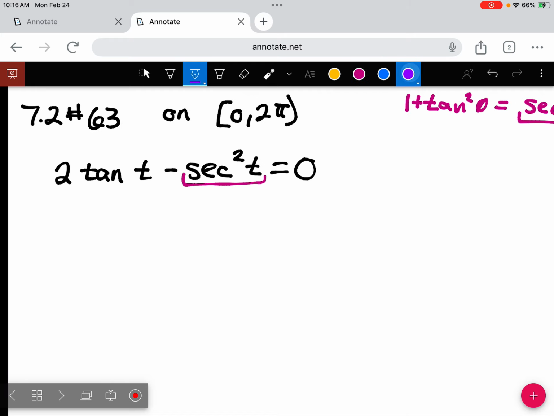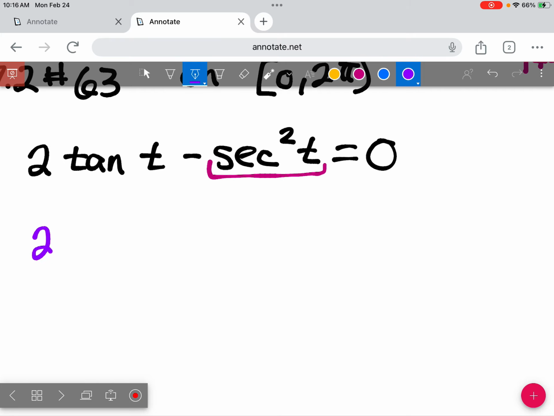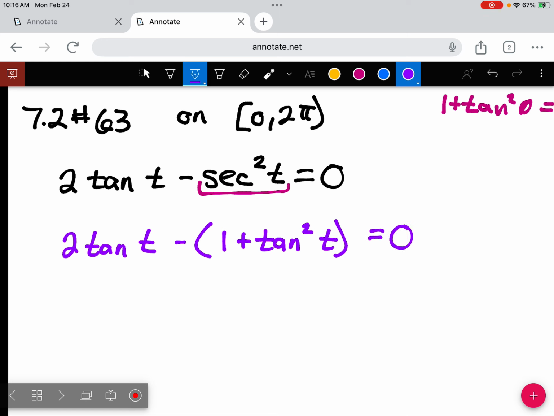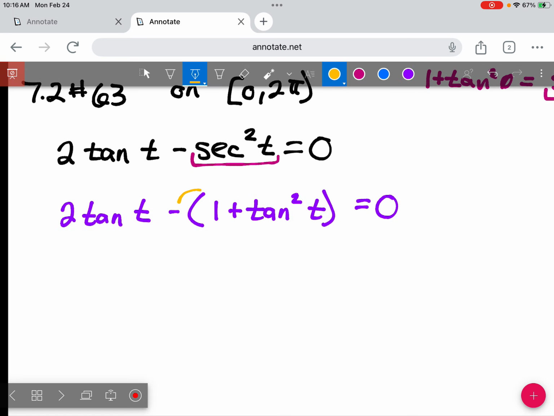So I can rewrite this as 2 tangent of t minus our 1 plus tangent squared of t. Where do I need to go from there? Distribute that minus sign. Absolutely right.